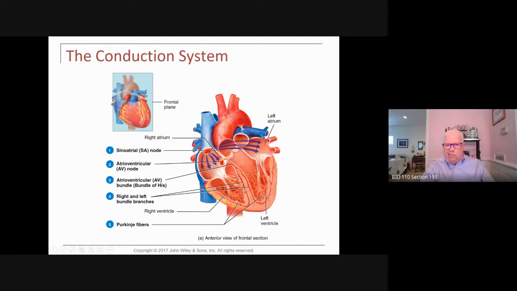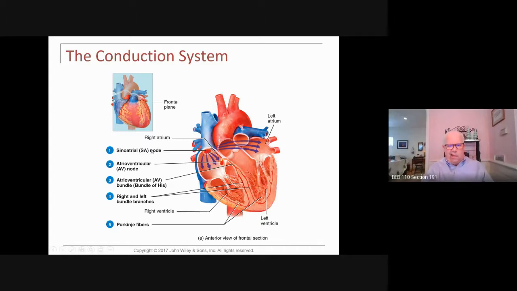There's a right bundle branch and a left bundle branch. It ends up in the Purkinje fibers of the ventricles, the right and the left. This is the conduction electrical system of the heart, unlike the flow of blood.